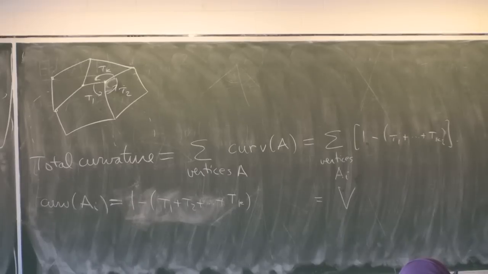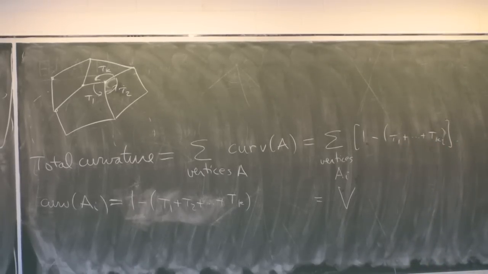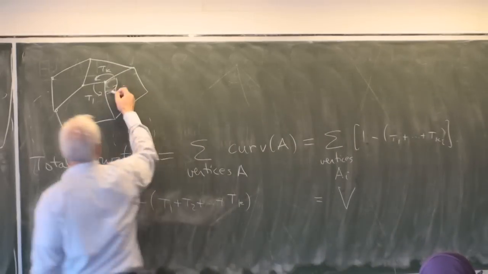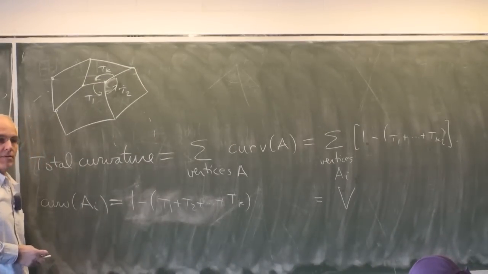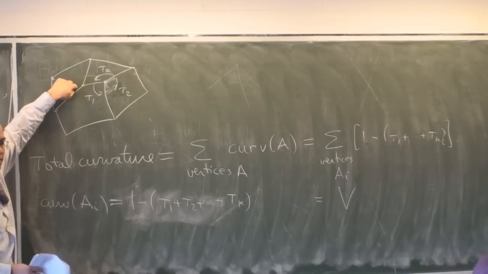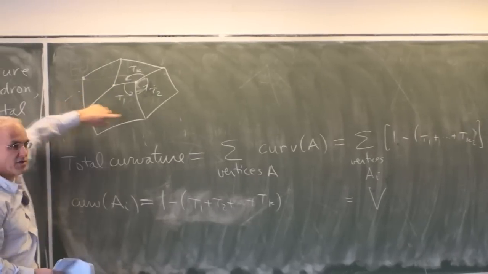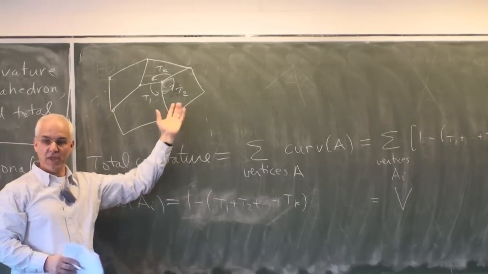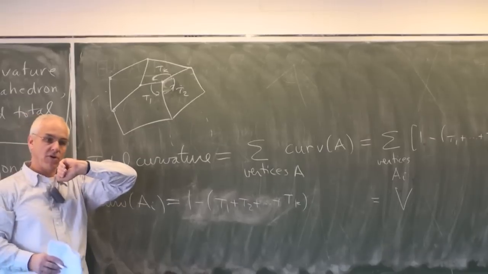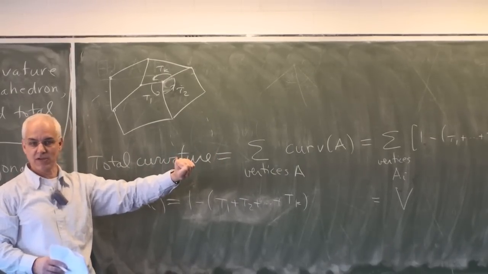Okay. Now what about this? What is this? This is just the sum of all the turn angles that meet here, and that has to be done at every vertex. So we have to sum up all these turns, and then all these turns, and all these turns. So basically, the second thing is the sum over all the face turns in the whole polyhedron.